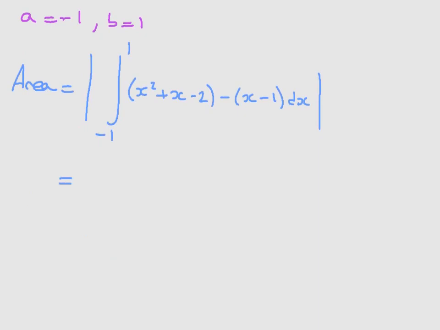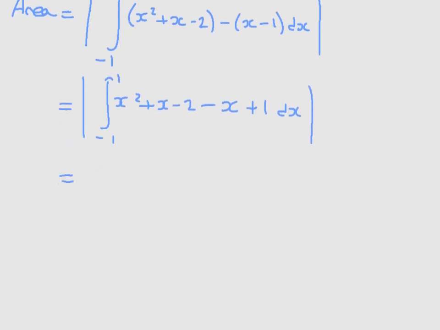This leads us to the absolute value of the definite integral from negative 1 to 1 of x squared plus x minus 2 minus x plus 1 dx. In turn, this will lead us to the absolute value of the integral from negative 1 to 1 of x squared minus 1 dx.